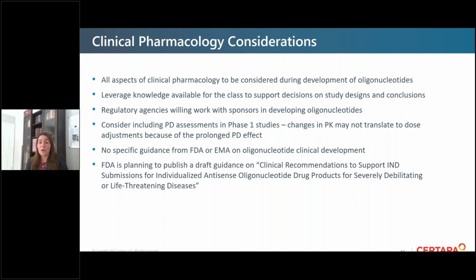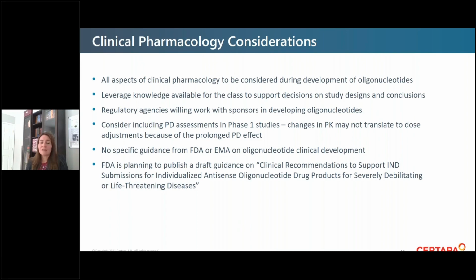Regulatory agencies are open and willing to work with sponsors in developing oligonucleotides, so engage with them early. They have guidances on how to engage with them in that aspect. So I think it's important to start a conversation as soon as you can.